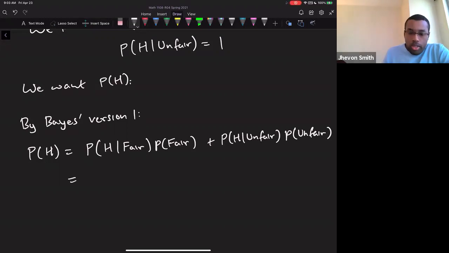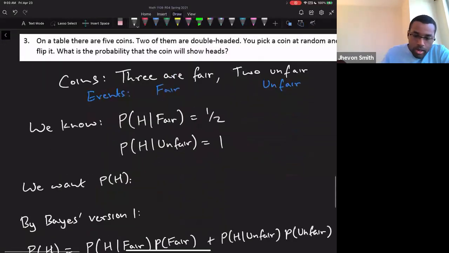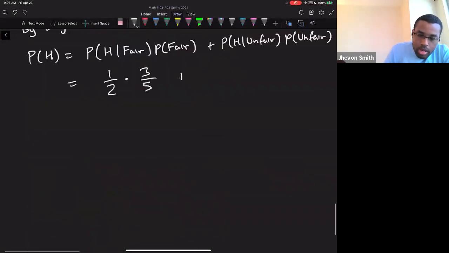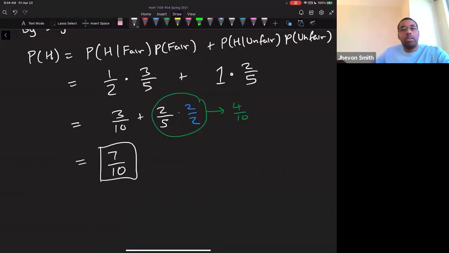Probability of getting heads if you chose a fair coin is a half. The probability of choosing a fair coin, well, there are 5 coins, 3 of which are fair, so this is 3 over 5. Plus the probability of getting heads if you chose an unfair coin is 1. What are the chances of choosing an unfair coin? Well, 2 out of 5. So here we have 3 out of 10 plus 2 out of 5, which I can multiply by 2 over 2, so this is 4 out of 10. So the answer is actually 7 out of 10 that you'll get heads.